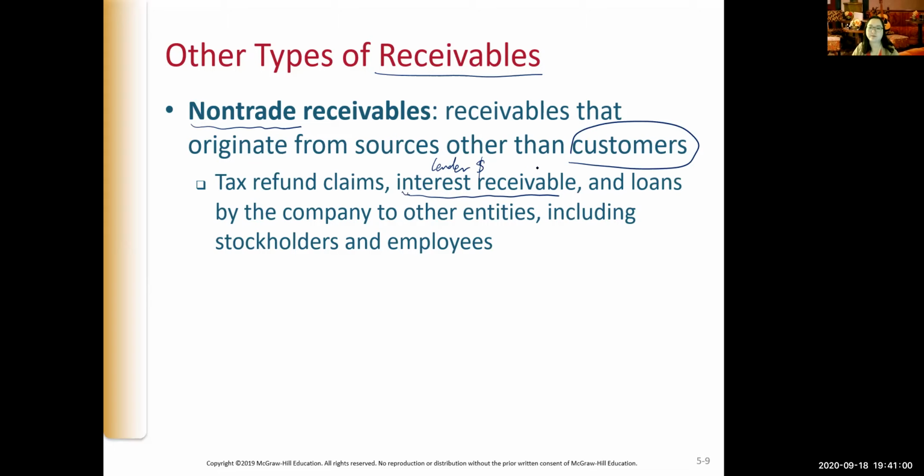So you lend money to your friend for say $10,000. You say, well, you can give me the principal $10,000 back, but I will charge you 2% interest. So that interest is considered your revenue. At the same time, the interest that you haven't received until next year is called interest receivable. And there are loans by the company to other entities, right?